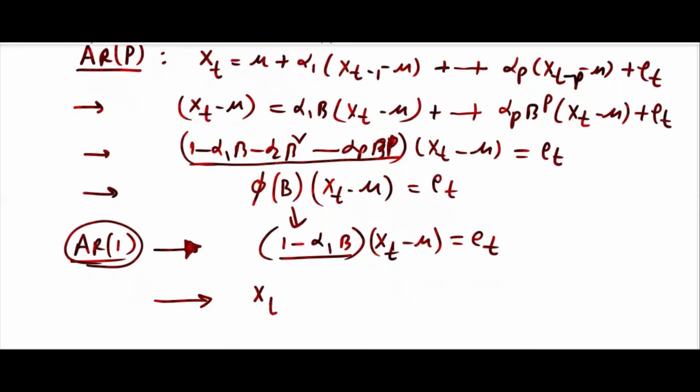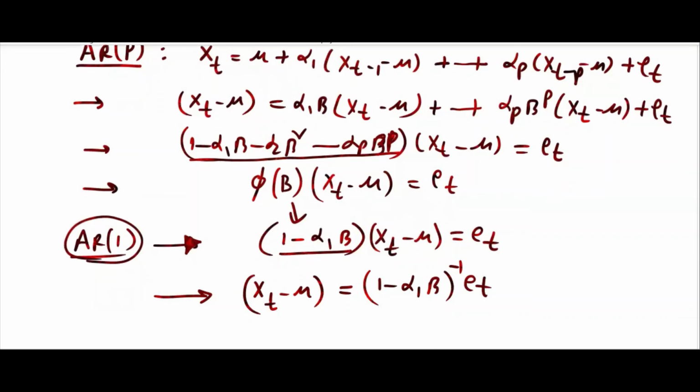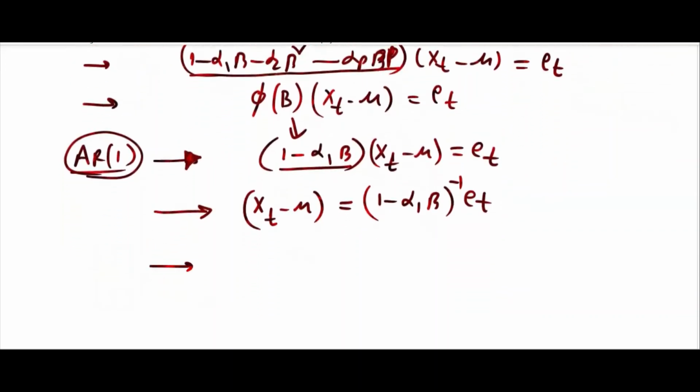Suppose I will write xt minus mu, and I will take (1 minus alpha 1 B) inverse et, and then what will happen? The opposite way. We'll try to write in the MA way. Okay, so you apply here 1 plus alpha. Alpha is better because only one term. Why to write alpha 1? Let me write alpha. So here you have alpha B plus alpha square B square.